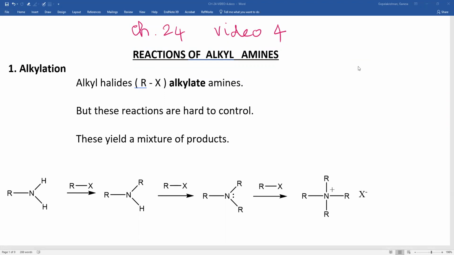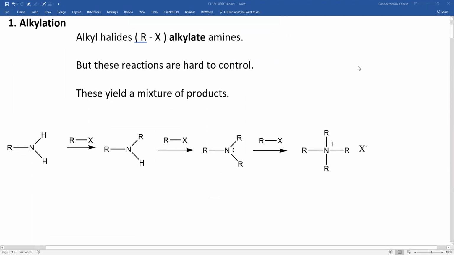The first reaction is alkylation. If we treat the primary amine with the excess of alkyl halide, we saw these reactions in the previous video. The hydrogen from this nitrogen leaves and forms a secondary amine.